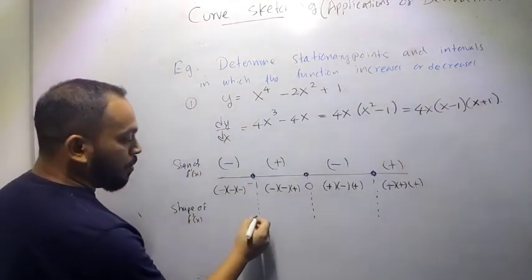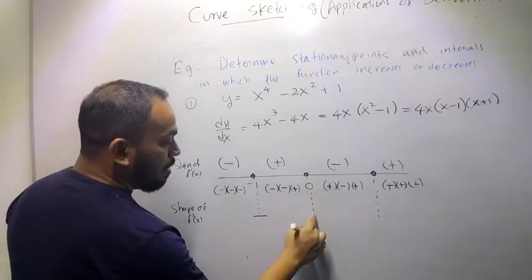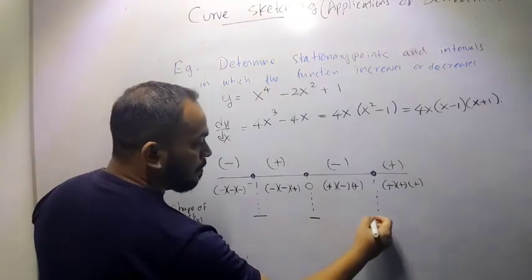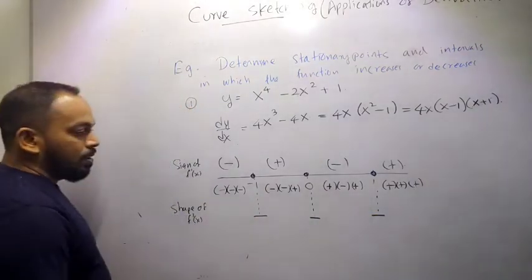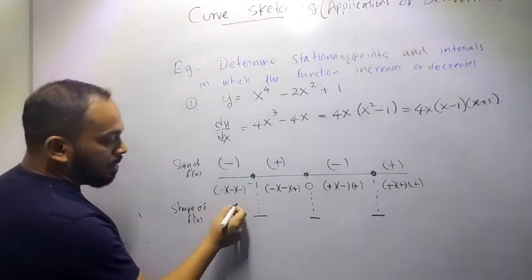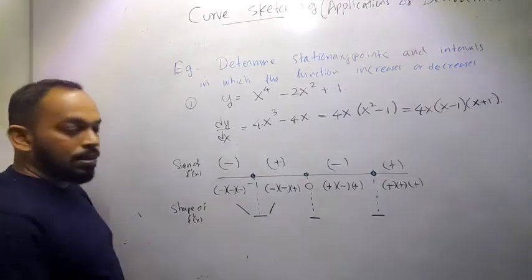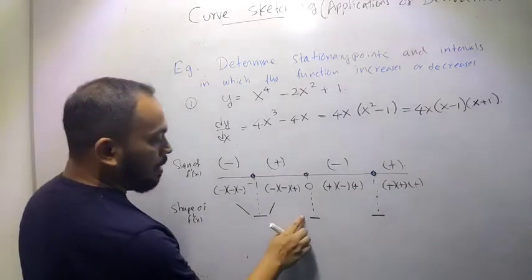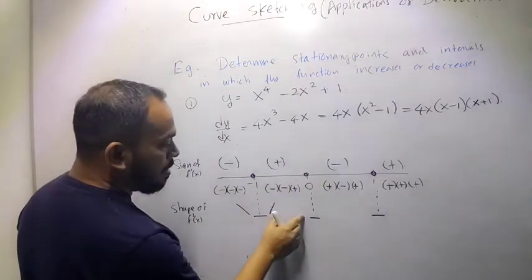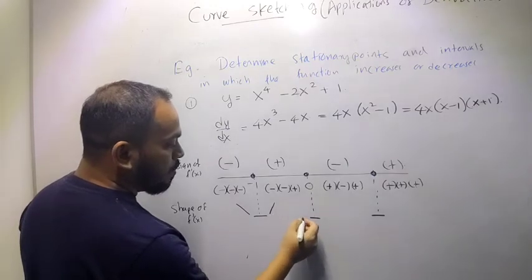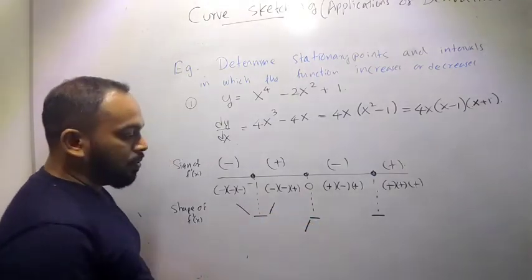At these points, they are all horizontal. Here it is negative, it means a line segment like this, positive, a line segment like this. Then here you can see we are still in this region, so it is positive, but you draw it here.